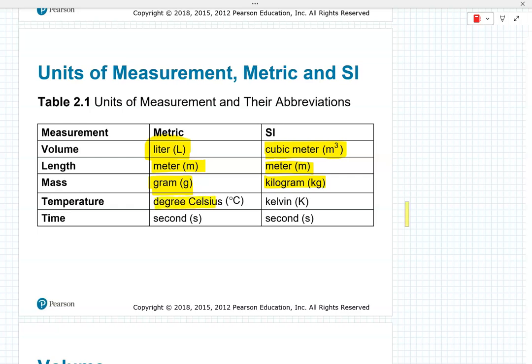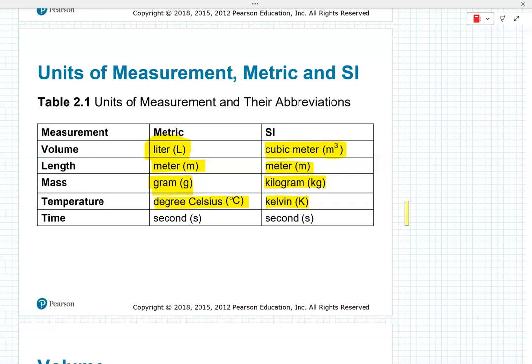Temperature. Degrees Celsius versus Kelvin. I'm going to repeat certain things, sort of kind of bureaucratic, I would say. When you talk about the temperature in Celsius, right now, for instance, outside, it's -5 degrees Celsius.